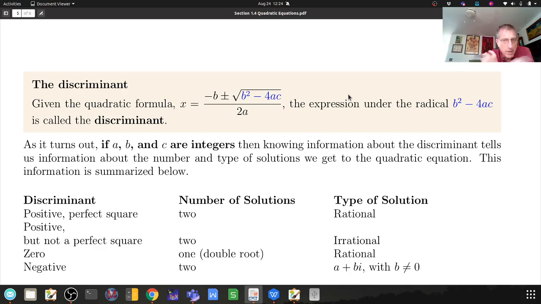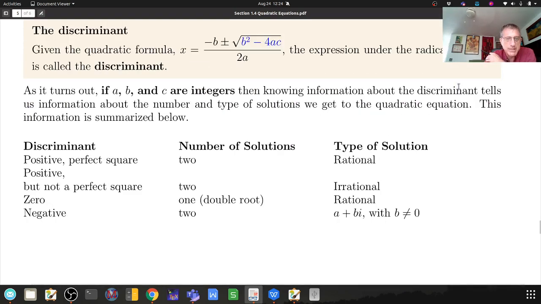So that helps us understand, by using the discriminant, where the solutions lie, what type of solutions they're going to be, etc. So notice that this is the discriminant right here: b squared minus 4ac. Not its square root, just b squared minus 4ac.